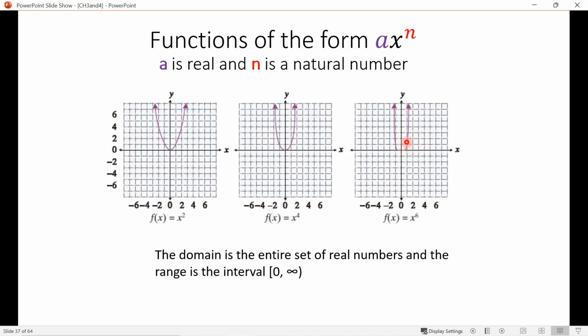When they're smaller than 1, they're very, very small, and as soon as they get bigger than 1, they blow up very fast. So just more extreme growth, the higher power of x that you have. In this case, our domain is all the real numbers. We can plug in anything we want, but it is only going to spit out 0 or positive numbers, right? You can never square or cube or bring to the 6th power any number that will give you a negative number.